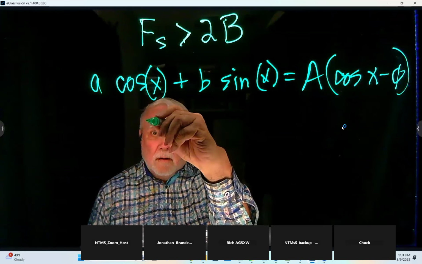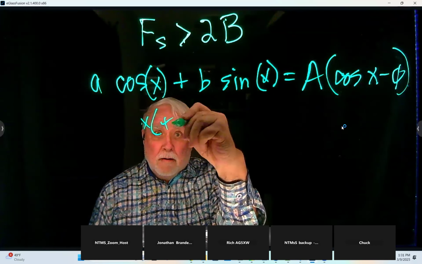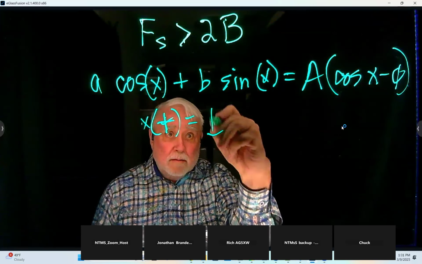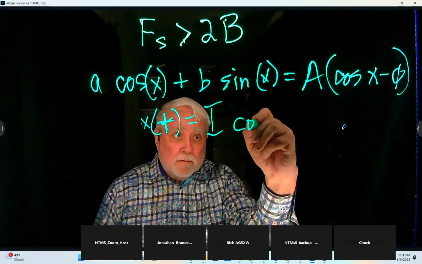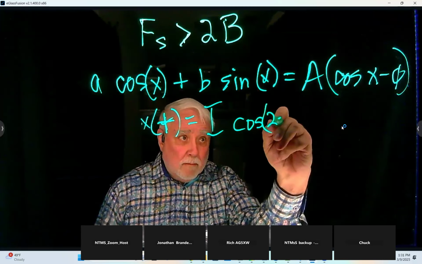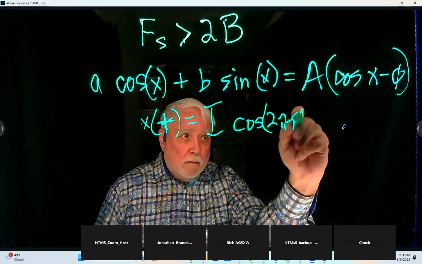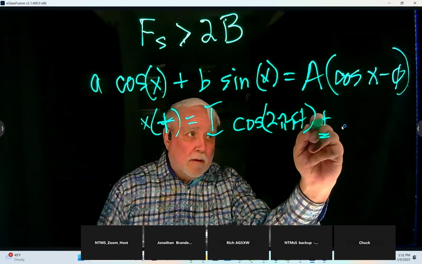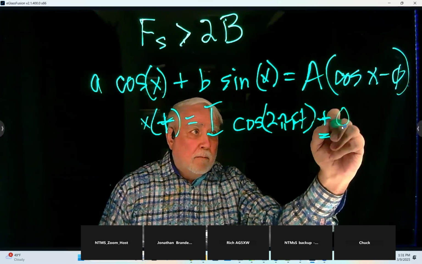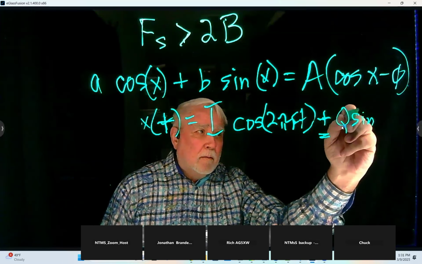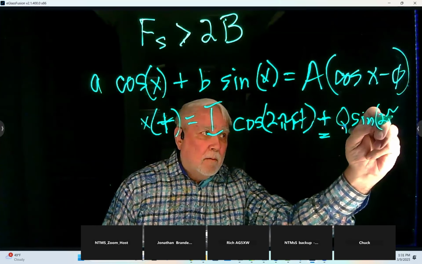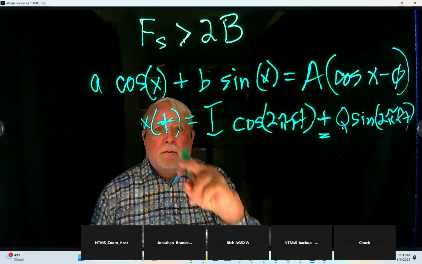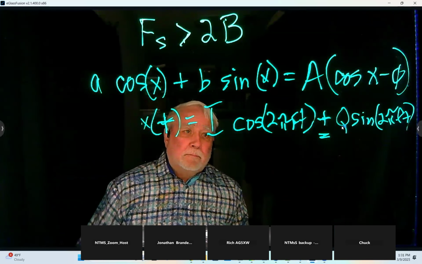You could have x of t equal to I cosine 2 pi f t plus, stress that, Q sine 2 pi f t. And that's all you have to do. That'll get you a transmit signal.